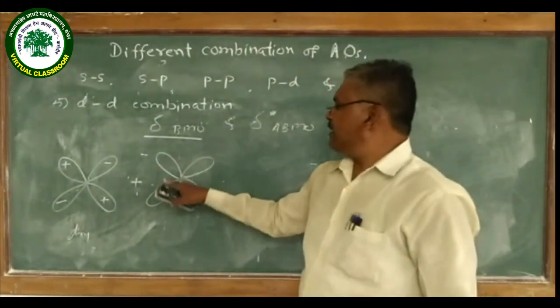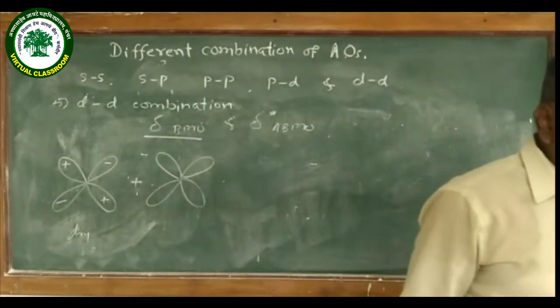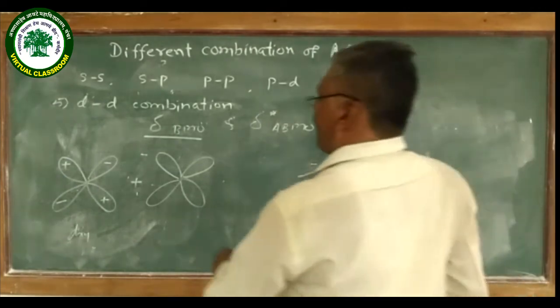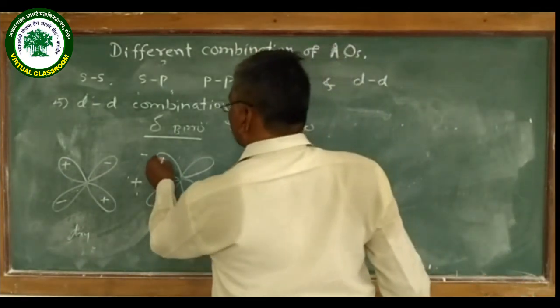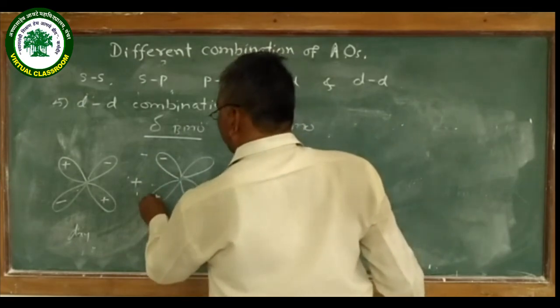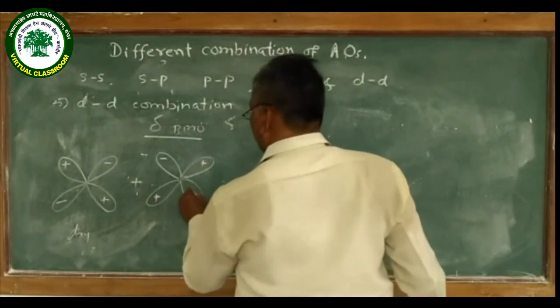Here we have to give the sign for the overlapping lobes. Since it is a bonding molecular orbital, it will have the negative sign, positive sign, positive sign, negative sign.